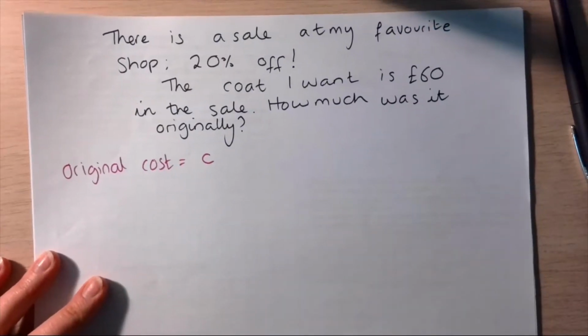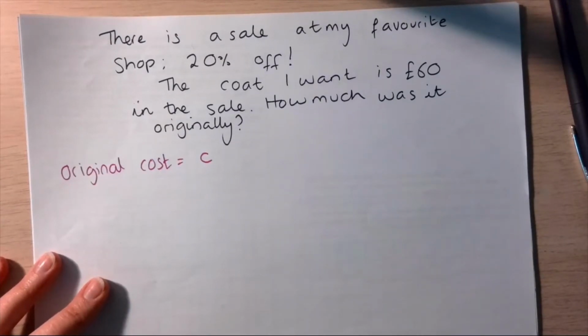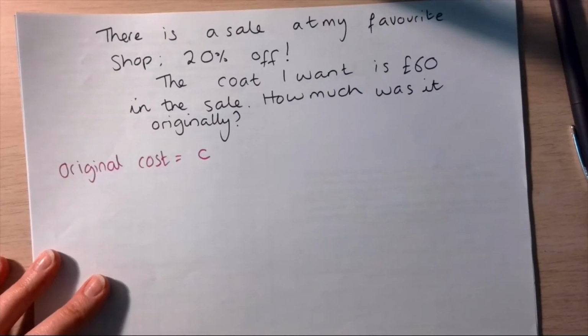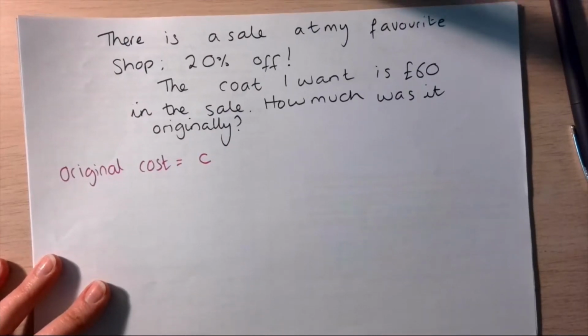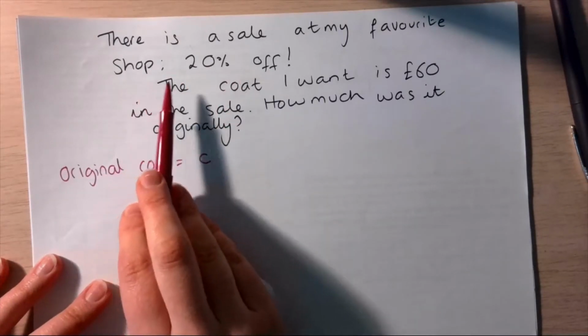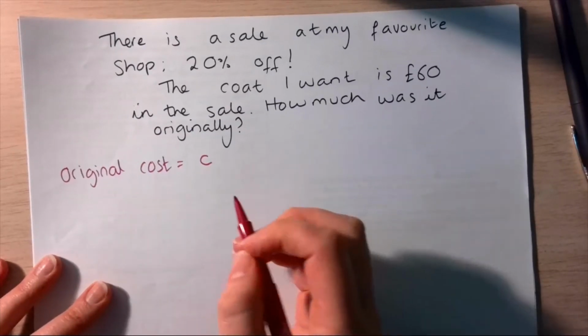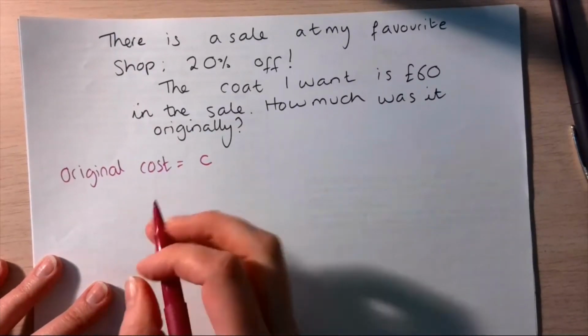As my dad always taught me, if there's 20% off something, it's not a massive bargain. It's still 80% on. We're going to pay for 80% of this coat. Always worth remembering that. So if there's 20% off, that means there's 80% on. We're still paying for 80%, and the multiplier of 80% is 0.8. We turn it to a decimal.